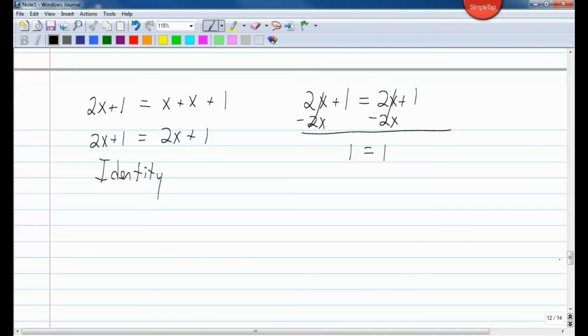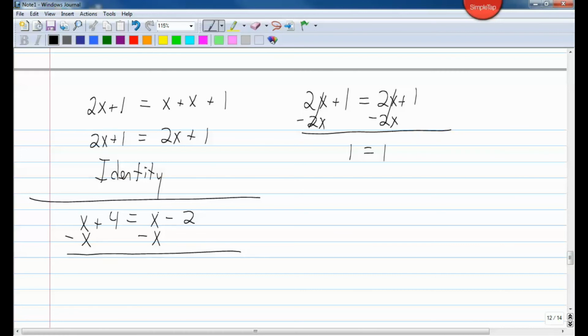Okay. Now, if you start working out stuff and your x values cancel out and the numbers are different on both sides. So, for example, if you have x plus 4 equals x minus 2. Now, you wouldn't have something this simple probably, but if this was your equation and you started working it out trying to solve for x and you moved x over and the x's canceled out and you were left with 4 equals negative 2, 4 is not equal to negative 2. Okay?